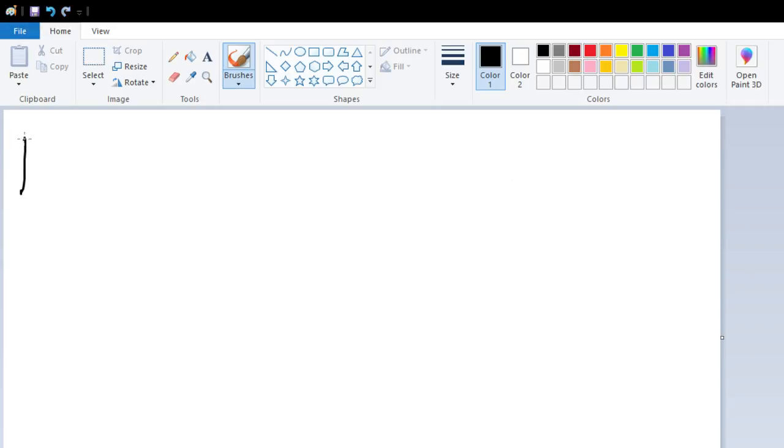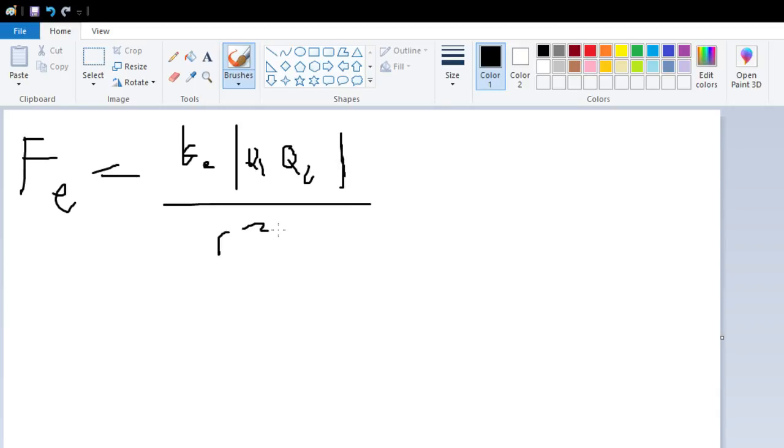So you have this equation, F sub E is equal to K_E times Q1 times Q2 over R squared. To connect the concepts of gravitational force, the only thing you have to connect is that the equations are very, very similar.